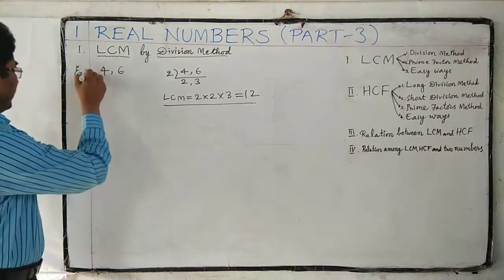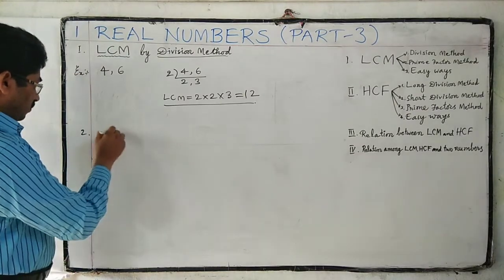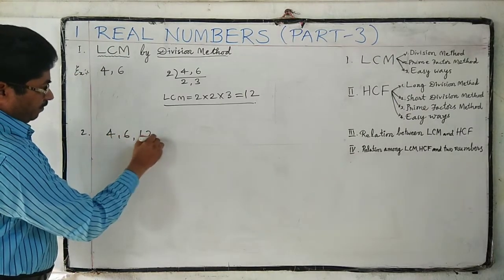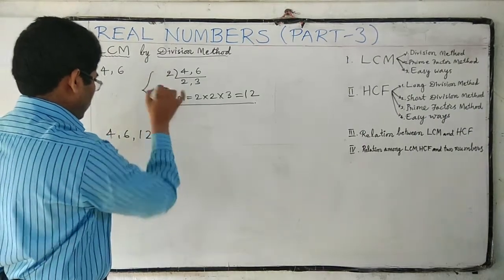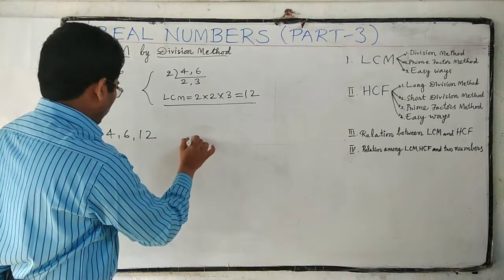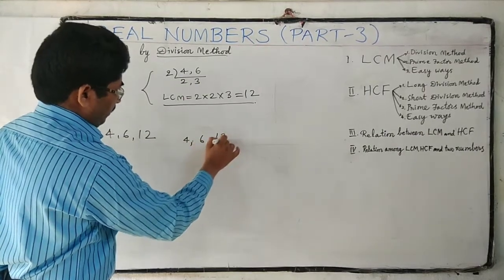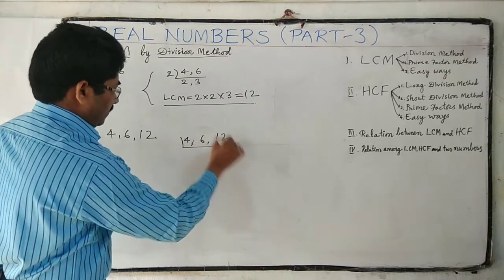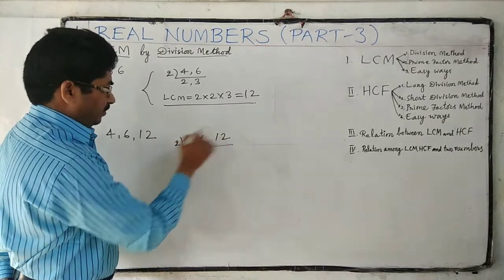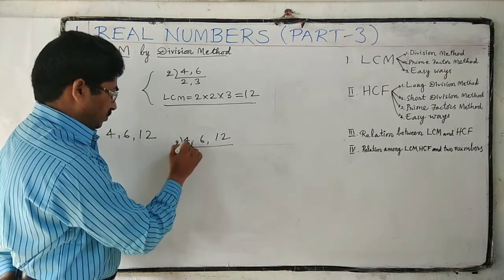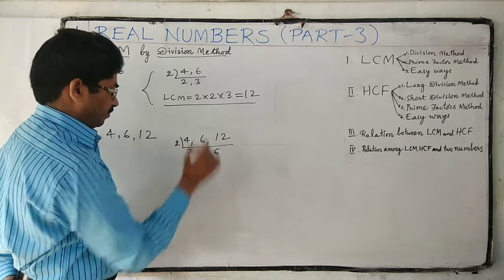Next, one more example. 4, 6, 12. 2 is the common for all numbers. So let us take 2, 2 2s, 2 3s, 2 6s.